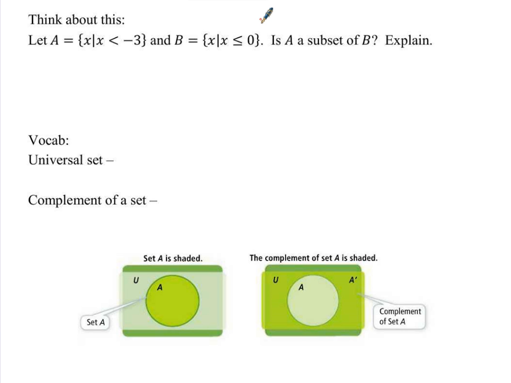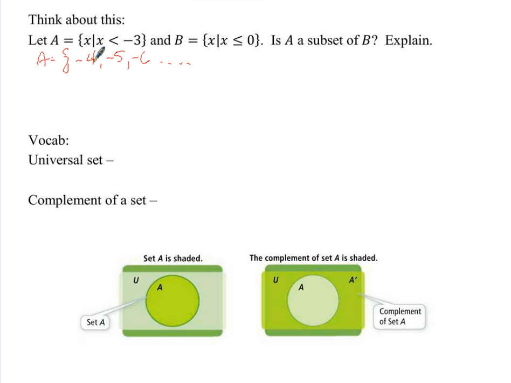So to figure this one out, the best way to do it, I think, is to write it out in roster form, just to take a look at what the numbers are going to look like. So for this guy in roster form, I'm going to write A equals x values less than negative 3. So that's like negative 4, negative 5, remember on the negative side, negative 6, and so on, right?